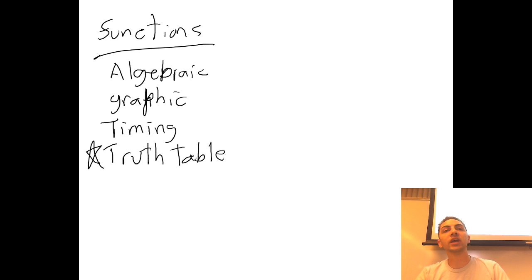Algebraically, we use symbols that we're familiar with. For AND, we use the multiplication or the dot symbol. So A dot B is A and B. Sometimes, just like in multiplication, we do implicit multiplication.